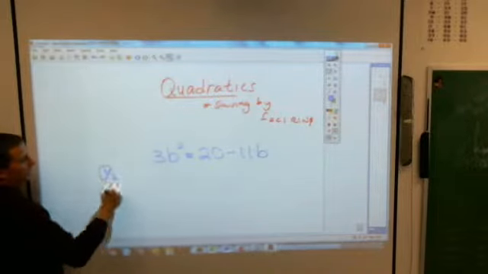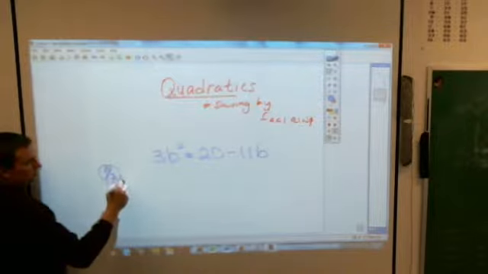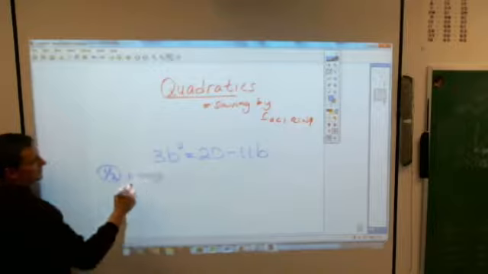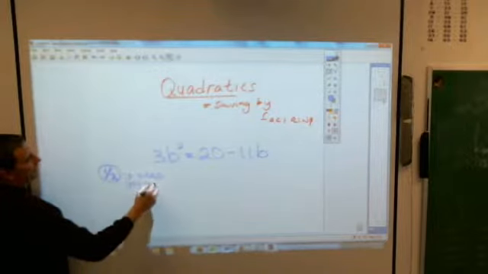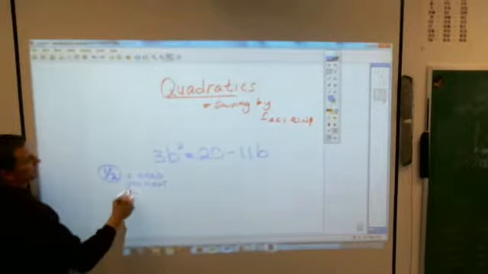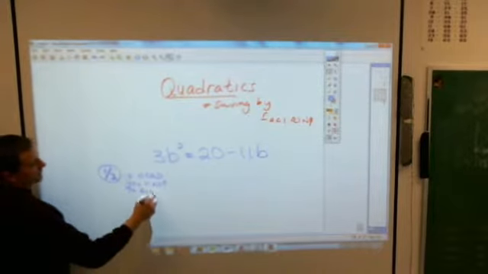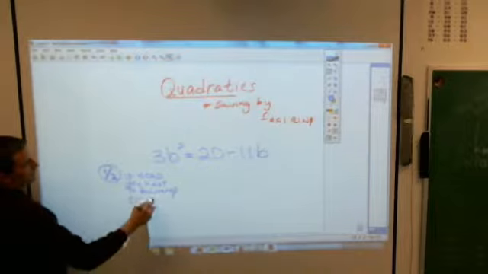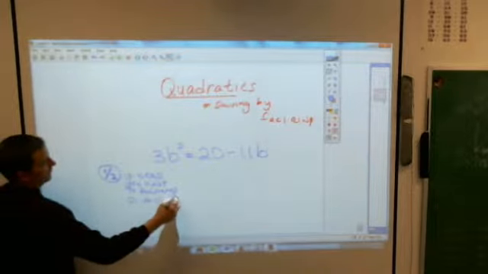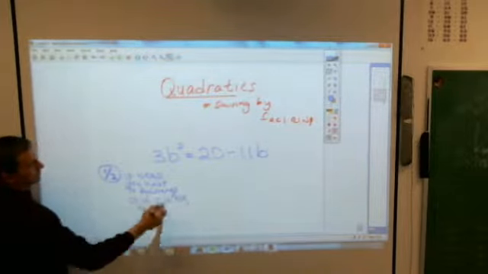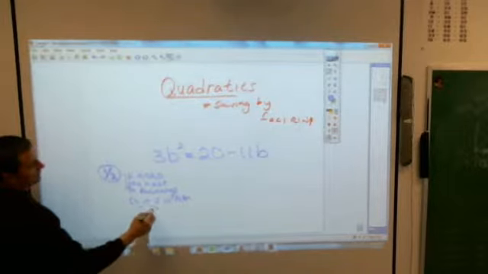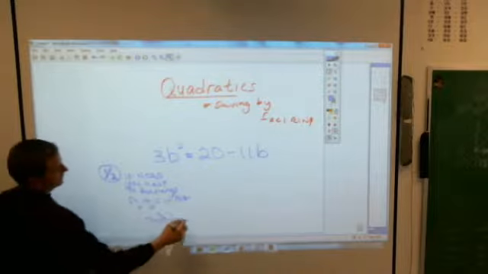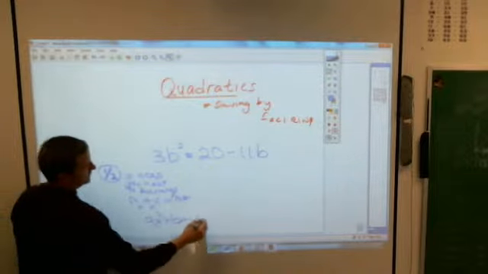Step number 1/2 is, if needed, you have to rearrange these terms so it is in the form of ax squared plus bx plus c equals 0.